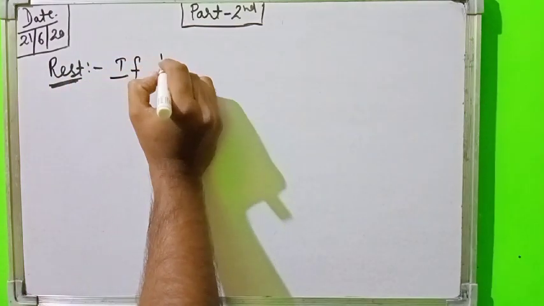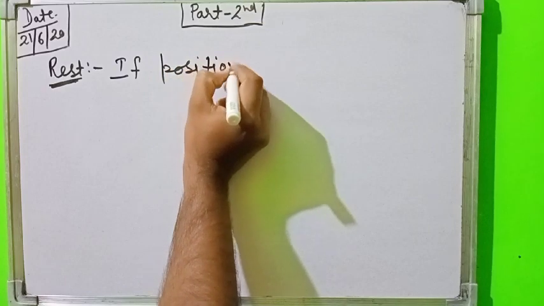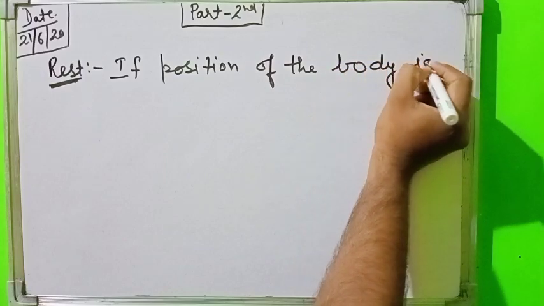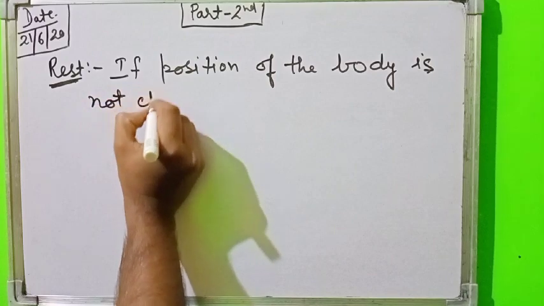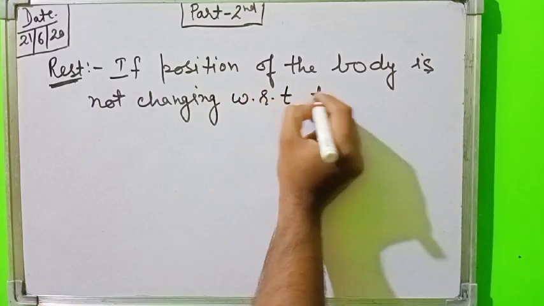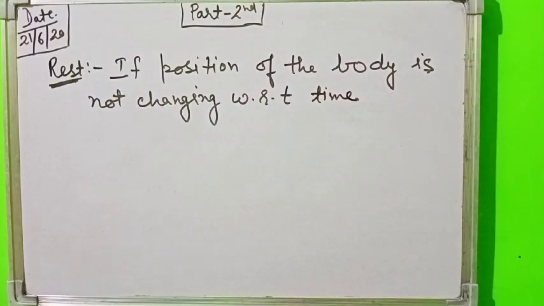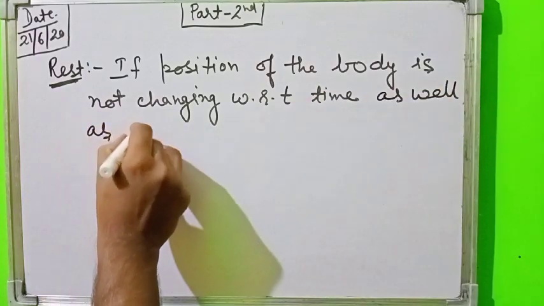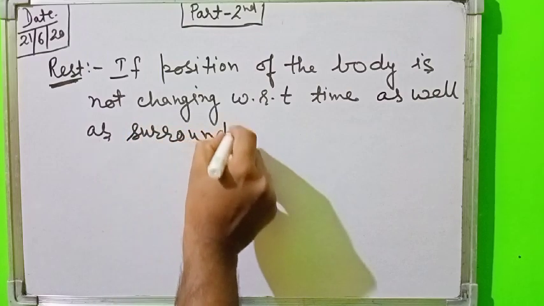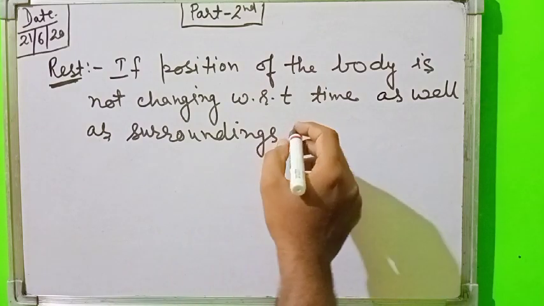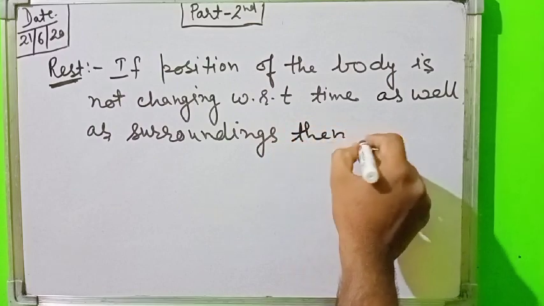If the position of the body is not changing with respect to time, as well as surroundings, then such type of body is called as rest.